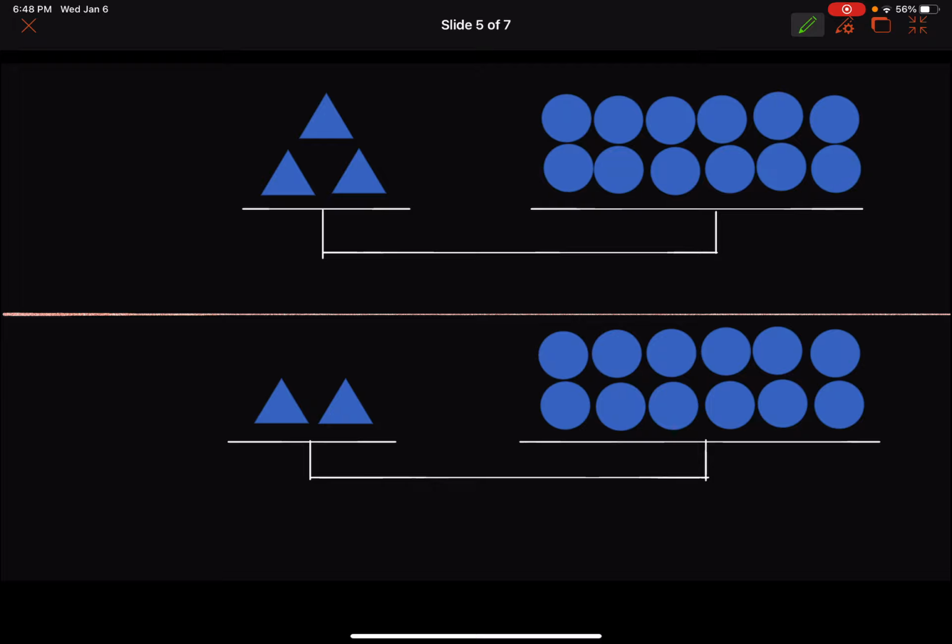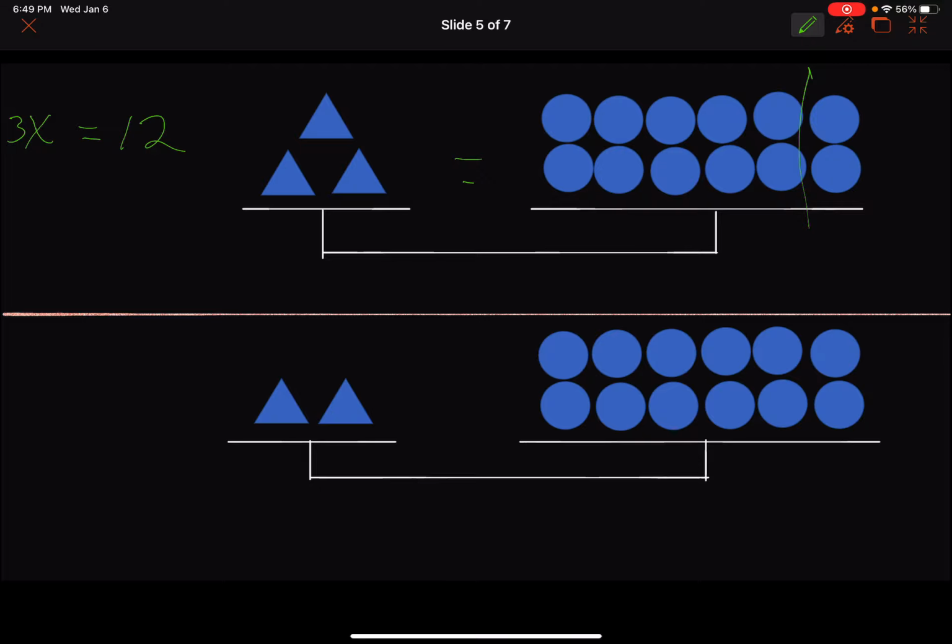All right, so here, how many triangles do I have? I have 3 triangles, and they're equal to, because it's balanced, 10 there and then 2 more, so that gives me 12.